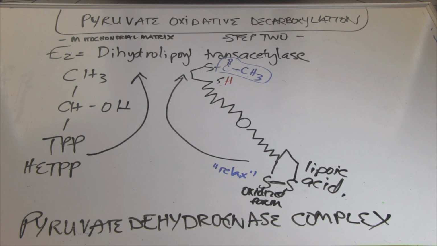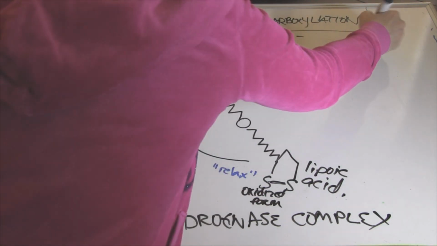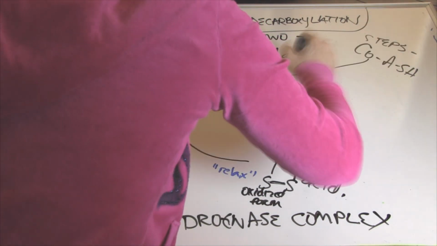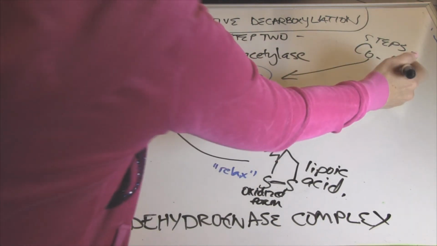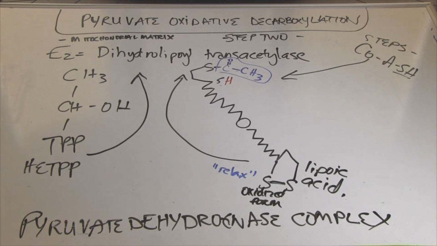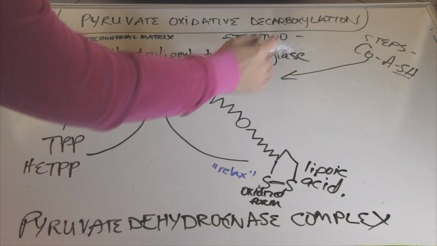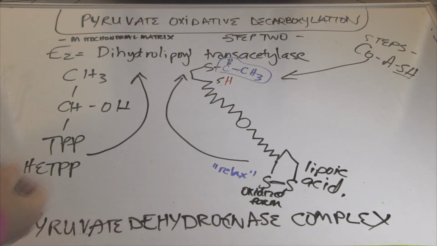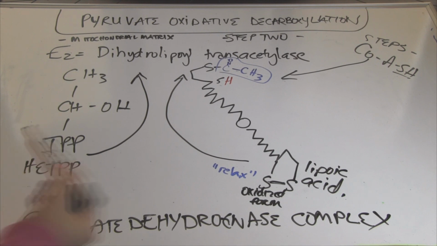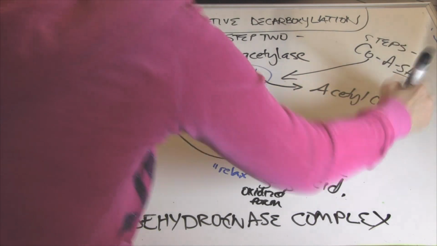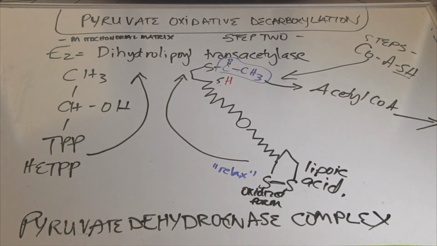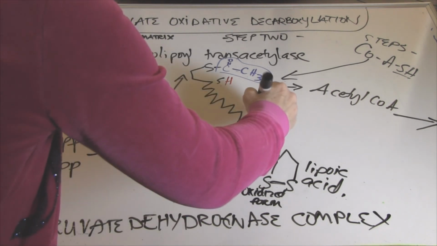The next step of this, so it would be step 3, coenzyme A, which we draw with a sulfhydryl group, because this is going to be our reactive group here, functional group. It is going to take this acetyl group away. So we're going to make an acetyl-CoA. That will then proceed to the citric acid cycle. When that happens, this is the form.